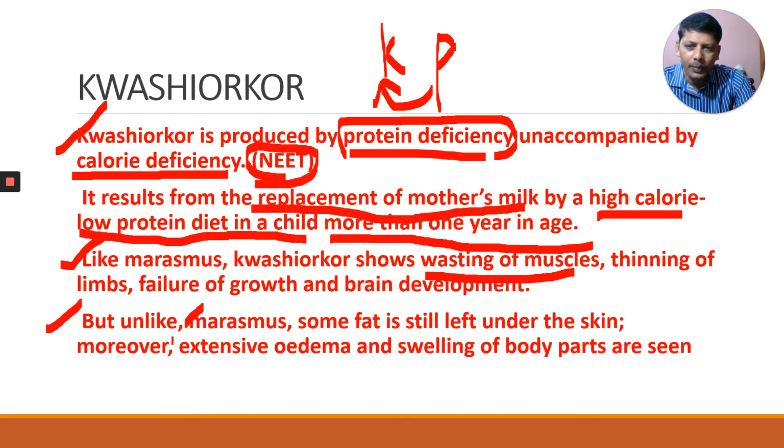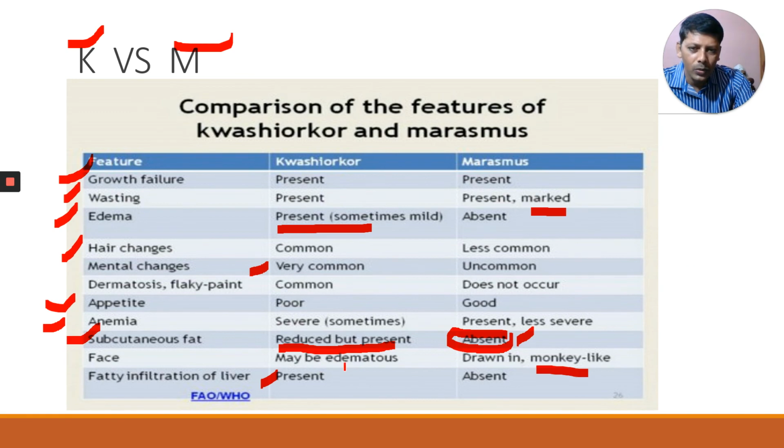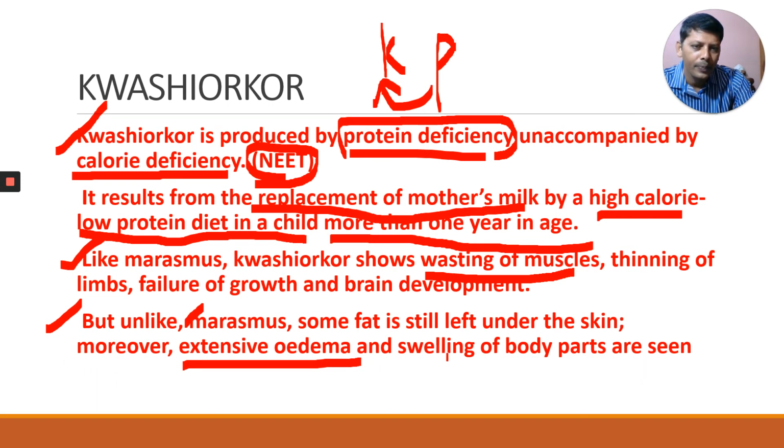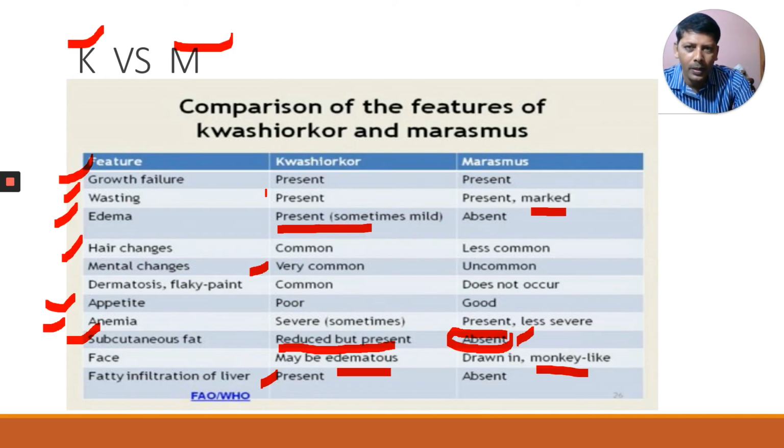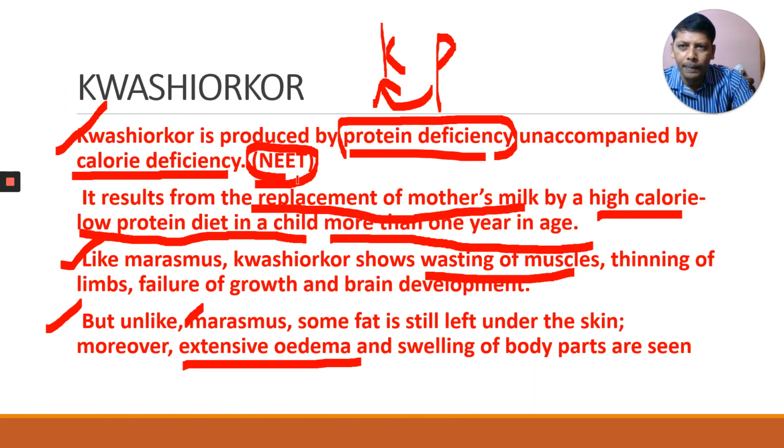Moreover, there is extensive edema, as I told you, and swelling of body parts. You can see swelling of body parts here, and here also. Swelling of body parts is very common in Kwashiorkor.